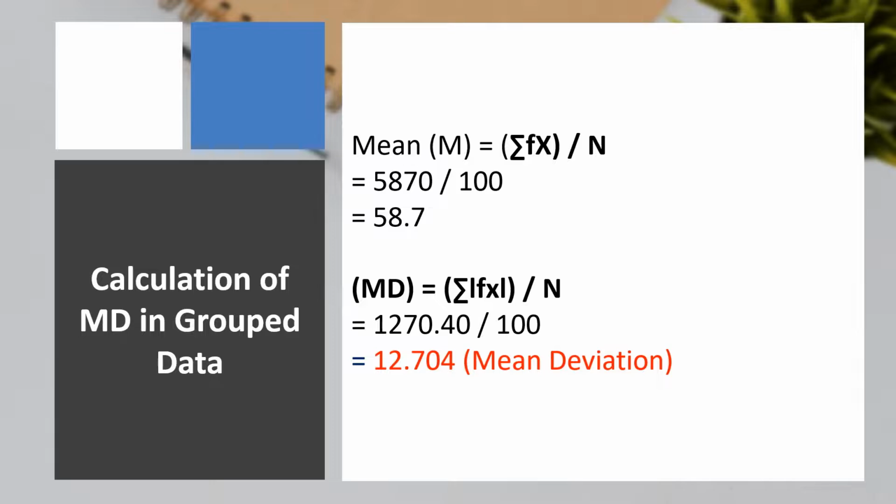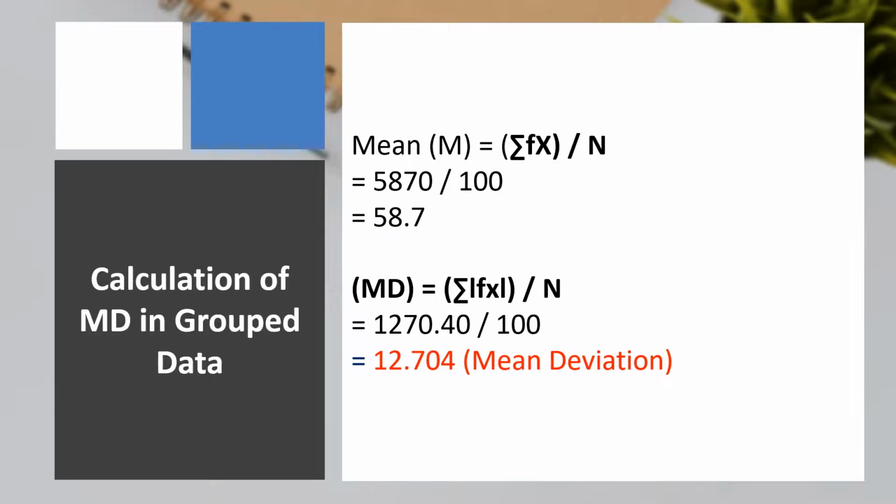Now, for calculating the mean, you have to multiply the midpoint of the class interval by the frequency, just like 14.5 into 2 is 29, 24.5 into 4 is 98. Now you have the value of fx, and if you add all these values of fx, you will find the summation of fx.